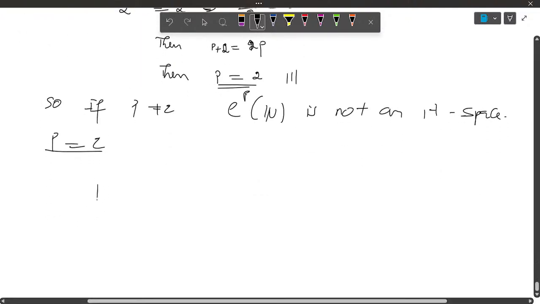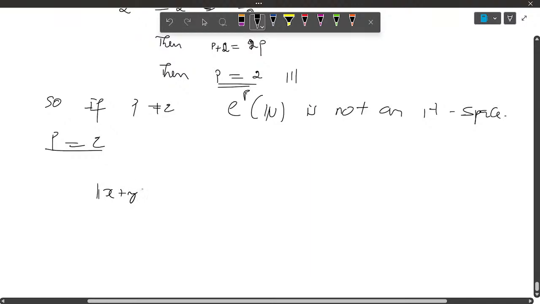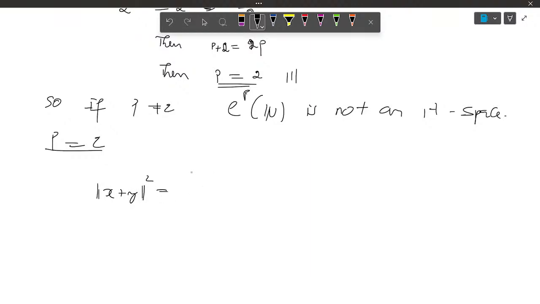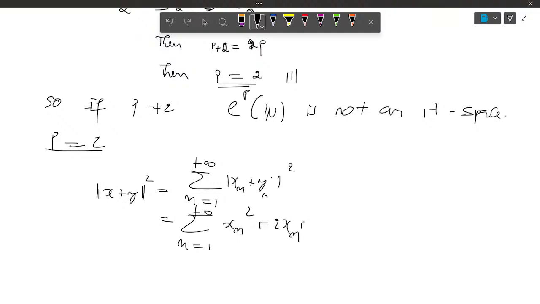If p equals 2, if we compute this square for any particular choice of x and y, we're going to get the summation from 1 to plus infinity of (xn plus yn) square, which is equal to the summation of xn square plus 2 xn yn plus yn square.